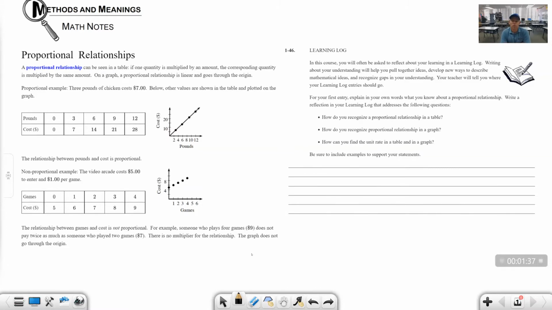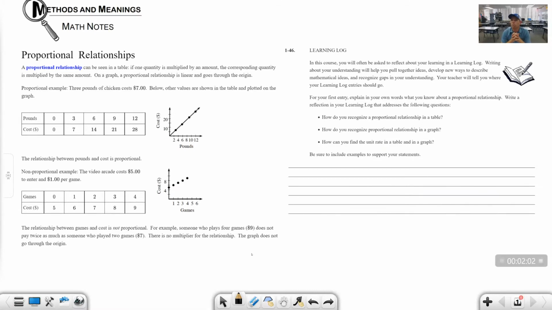Your job is to record 3 things, and all of these things can be found in your ebook. Some of these things can be found here in the math notes box, and maybe you need to look in your glossary.